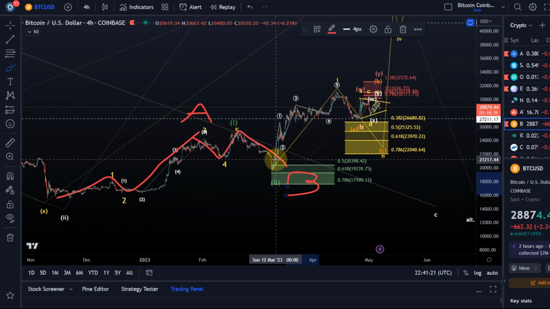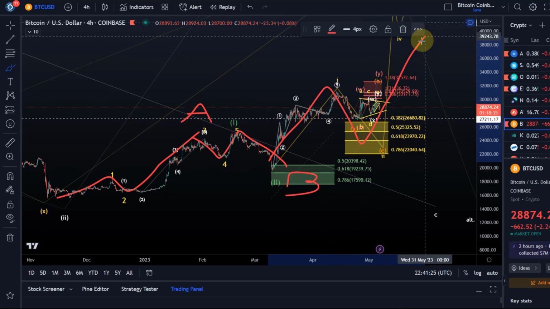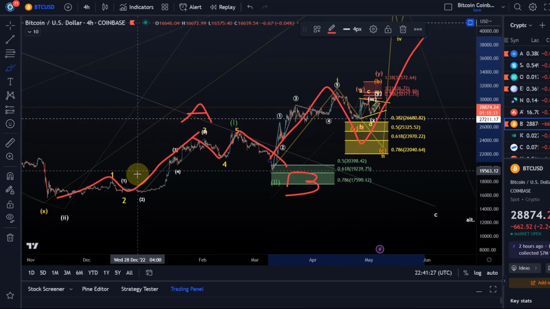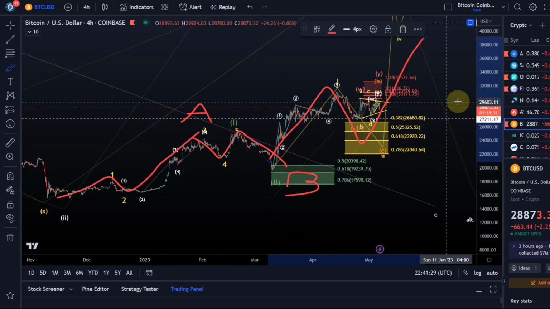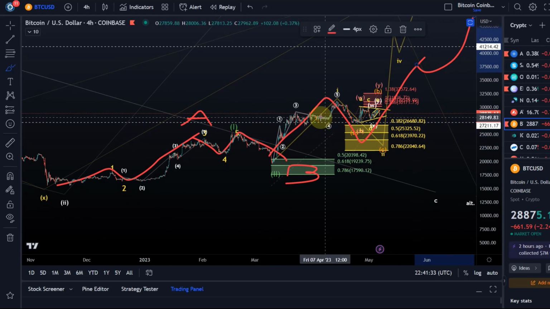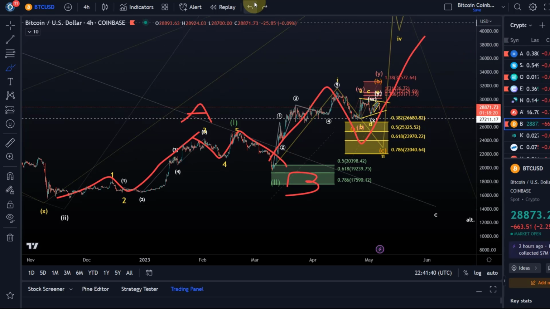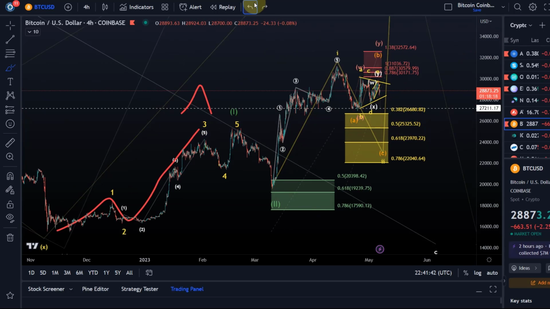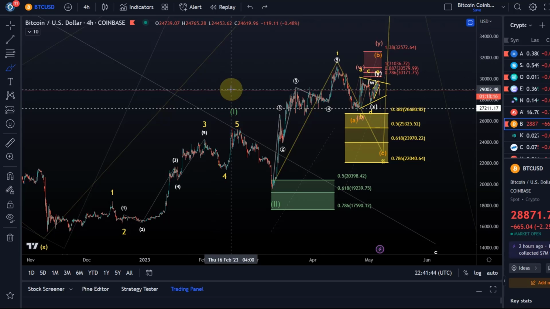And this is then again an A, B, C. So that's one possibility: A, B, but then we would get a C wave to the upside. That's possible. So there are all sorts of other counts that are possible, but they would not necessarily change our support levels. I hope that makes sense. That's why I don't show you all the different counts that are possible or likely here. I try to keep it simple, not to confuse people too much.